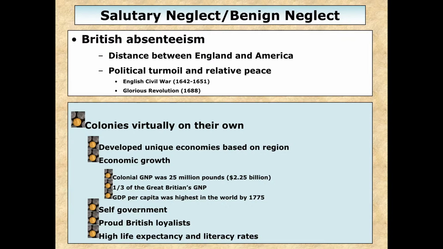So, another way they see that they could sustain themselves is because they're setting up their own rules. They've got self-government. They've got colonial legislatures. They've got town halls. Plus, these people here in the colonies, I mean, Great Britain so far hasn't done anything to question them and their motives. So far, we get some happy colonists here. Very loyal.